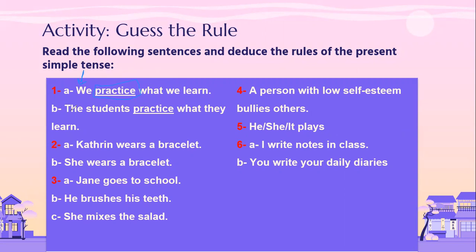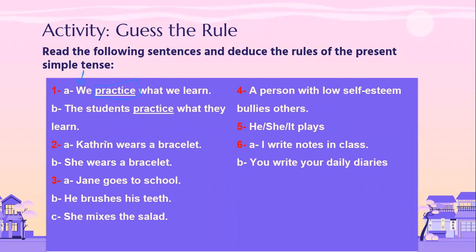Here in part B, you have the students. So students, also plural, practice what they learn. So what can you deduce from these two examples in number 1? We and students practice what we or they learn. Look at the verb and deduce the rule.